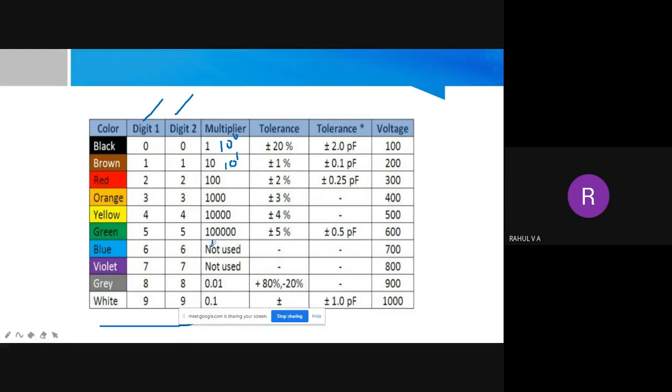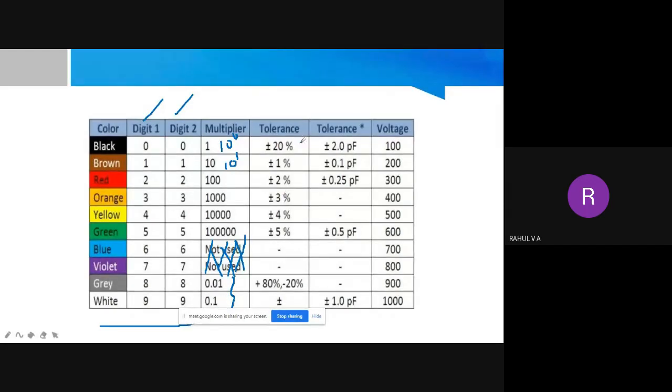But if you look at blue and violet color, there is no multiplier value. And what about gray and white? It is 10⁻² and 10⁻¹. So that is the difference. Blue and violet are not used, and gray is not 10⁸, it is actually 10⁻². White is not 10⁹, it is 10⁻¹.